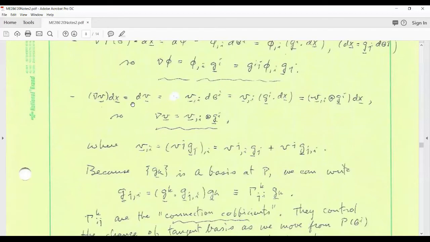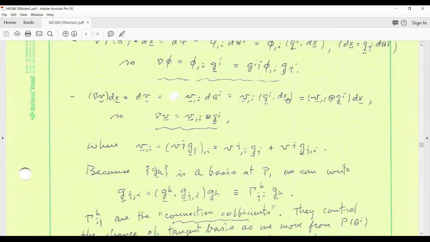The gradient of a vector field is, again, by the chain rule, that second order tensor, grad v, which operating on dx gives you dv. If v is a function of the curvilinear coordinates, then by the chain rule again, dv is v comma I d theta I, partial derivative. D theta I again is g super I dot dx.